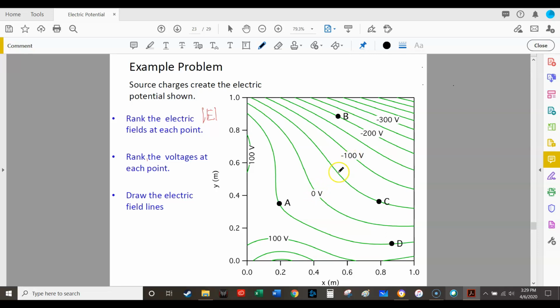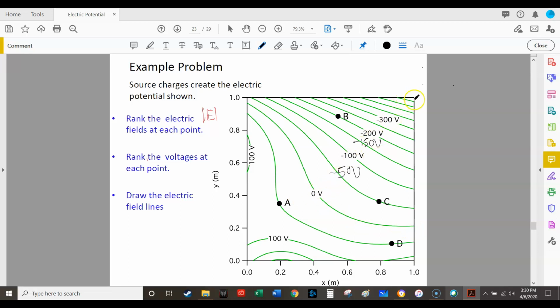So 0, negative 50 volts, negative 100 volts, negative 150 volts, negative 200 volts, negative 250, and so on and so forth. So that tells me that this is sea level, and this is underwater.